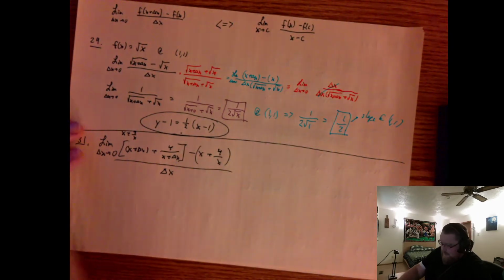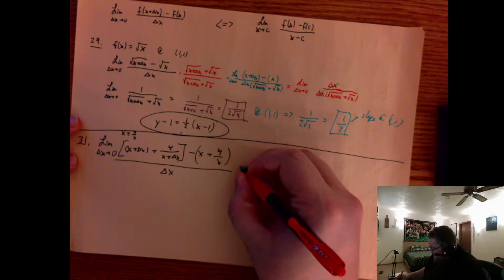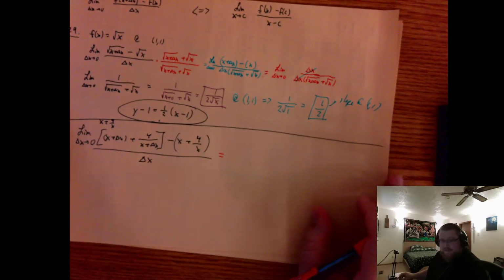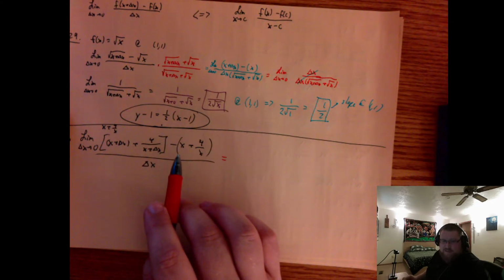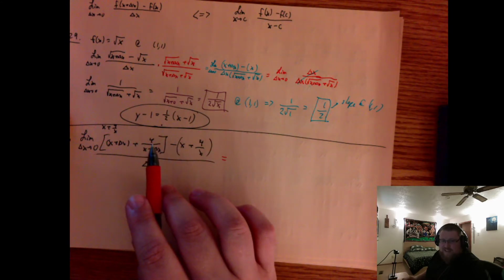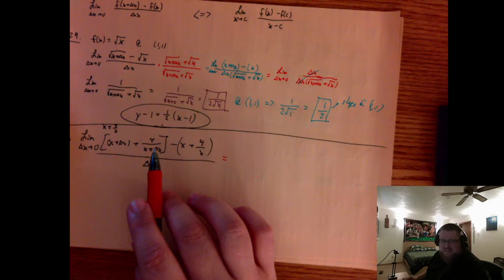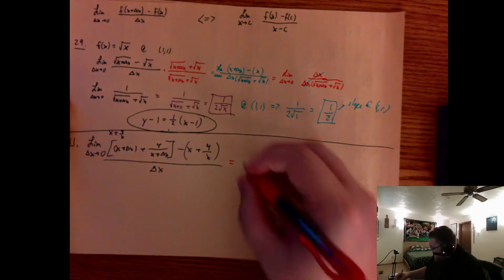Okay, now I'm going to start doing some algebraic simplification before I go any farther. For example, I can distribute this negative sign. But once I do, I kind of get in a spot where I'm kind of stuck, and so we'll see where it goes from there.